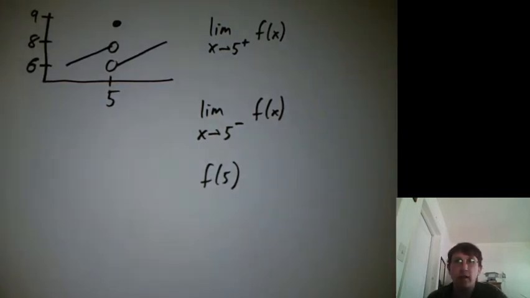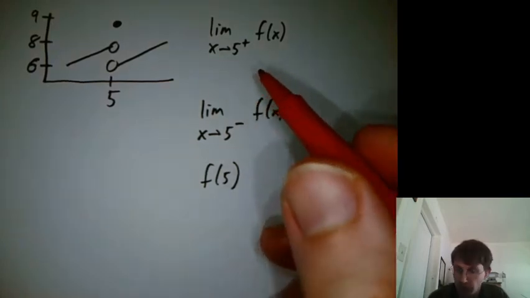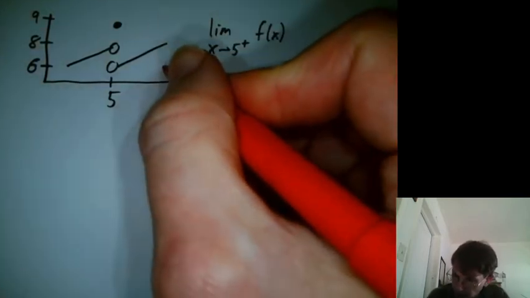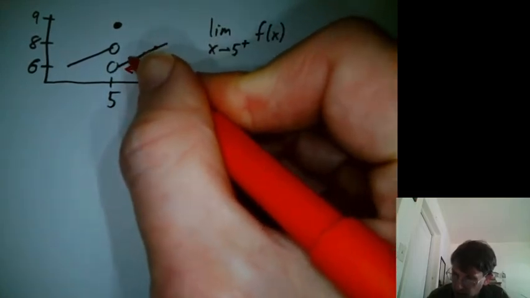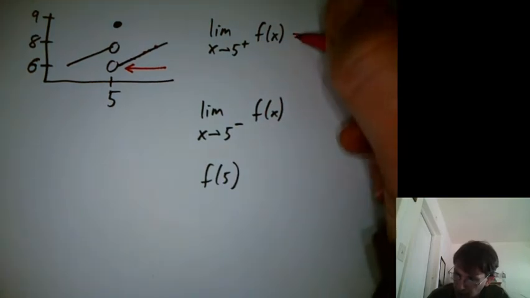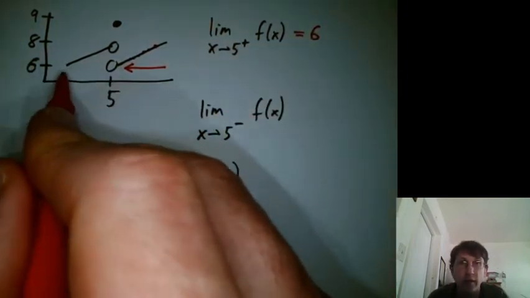So I'd say the limit of f of x as x goes to 5 plus is what's happening as I'm moving this way. My dot is kind of moving down the curve here. So that is equal to a y value of 6.